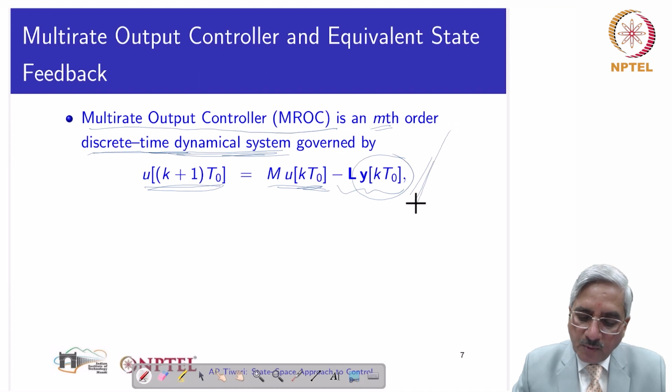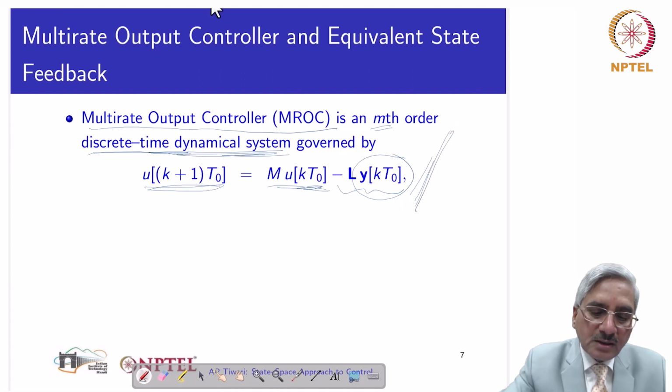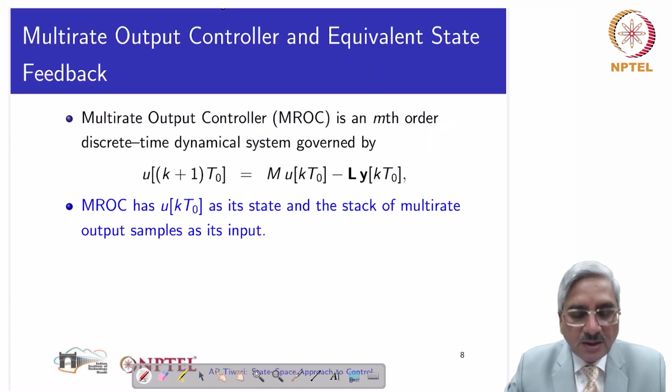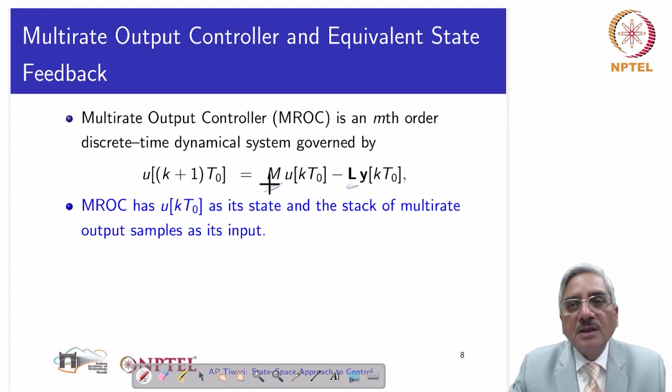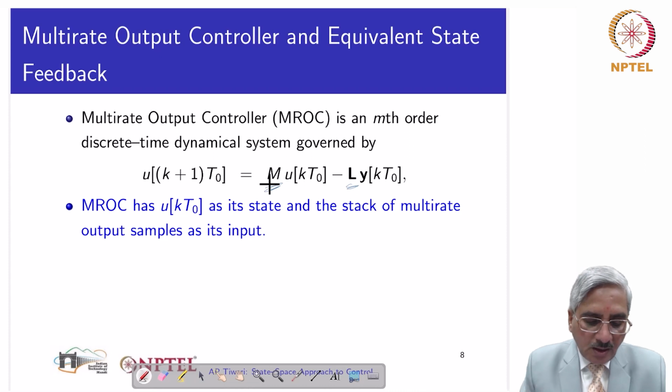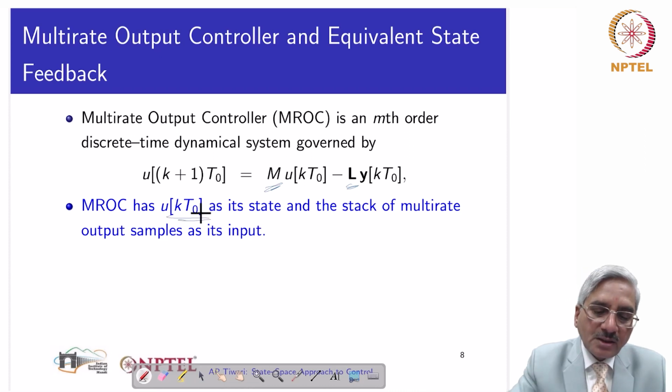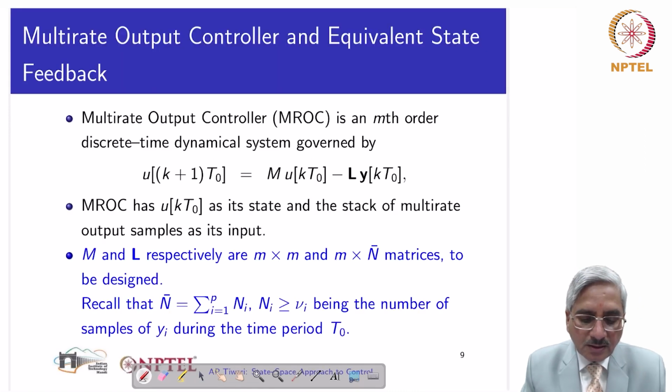This is the starting point, and we will see how it becomes equivalent to state feedback control, or how by choice of L and M we can actually implement a state feedback control. As I mentioned already, the state of this system is U, and the stack of multi-rate output samples is the input to it.